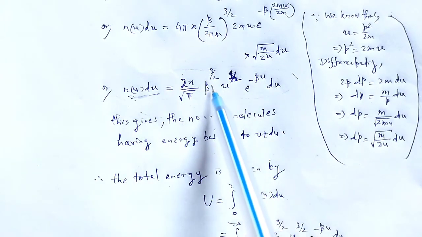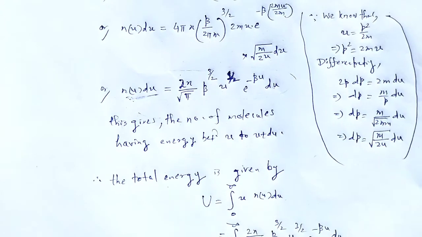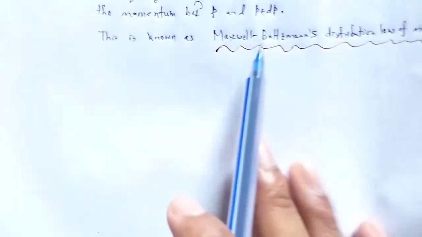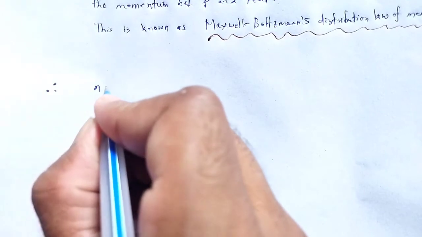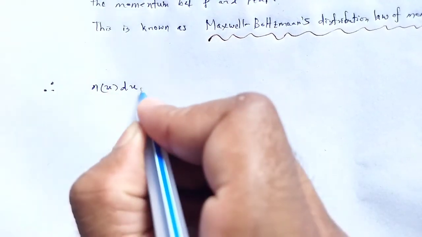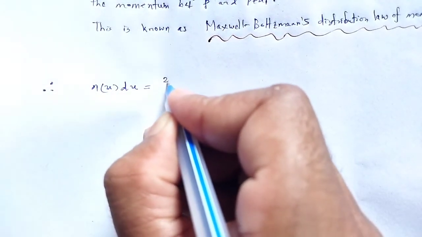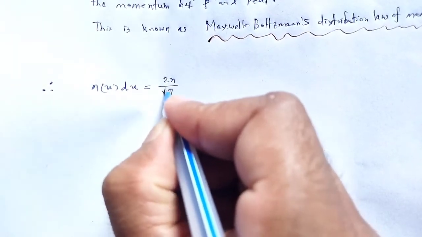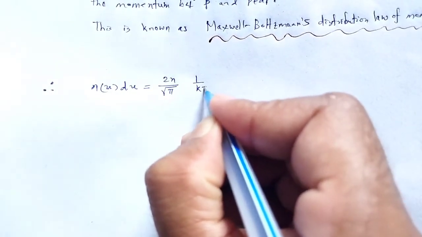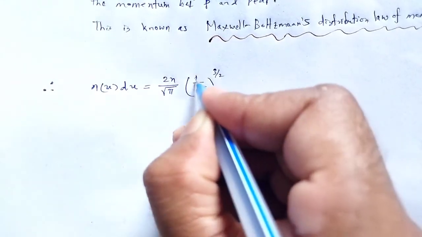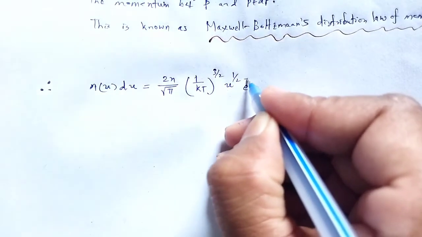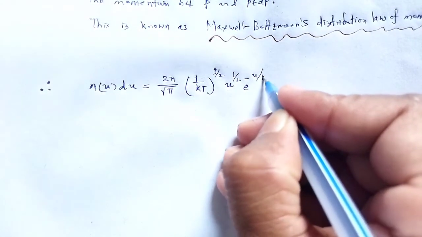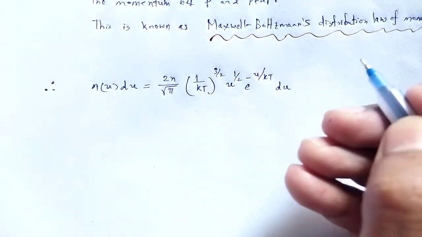Here we put the value of beta as 1 by kT, so that the equation changes to N(u) du equal to 2N by root pi, 1 by kT to the power 3 by 2, u to the power half, e to the power minus u by kT du.